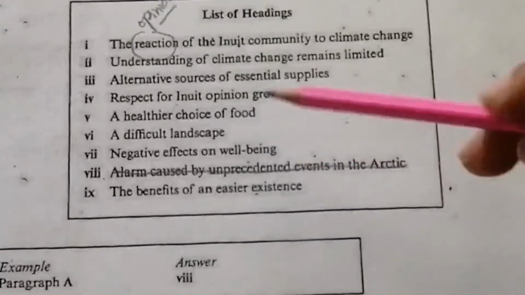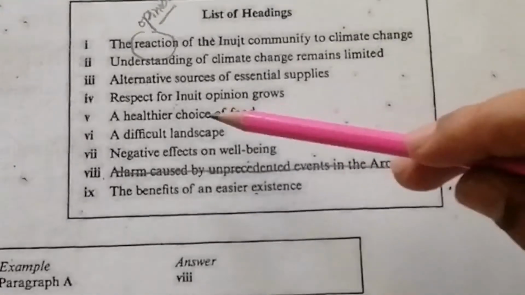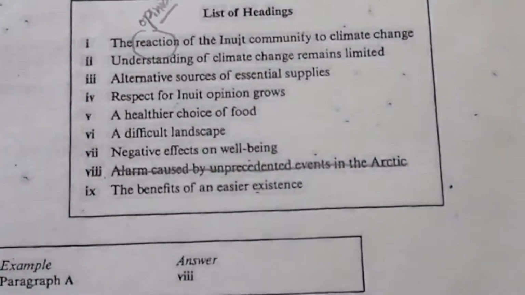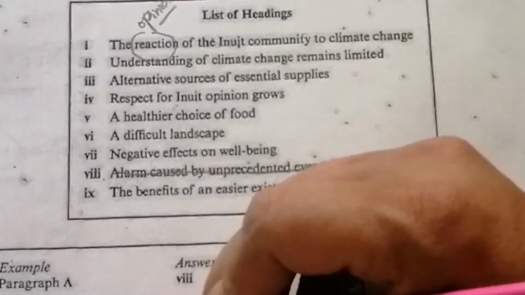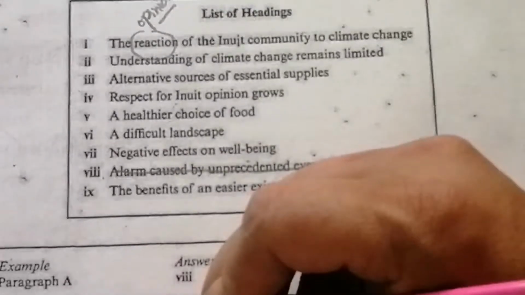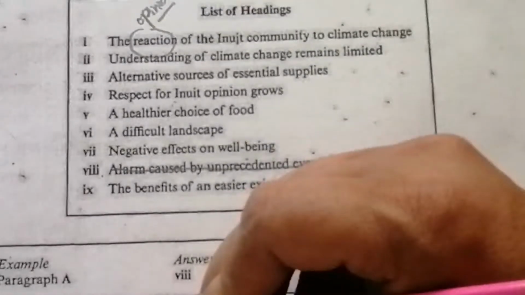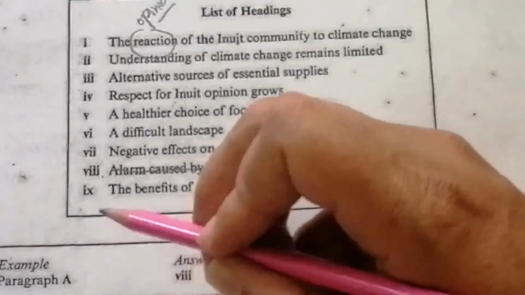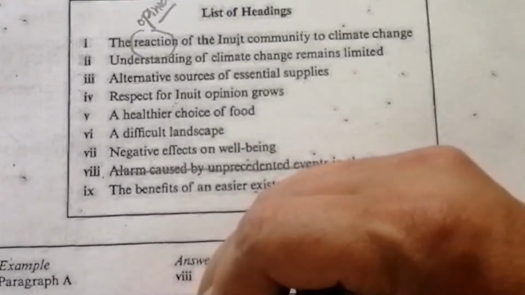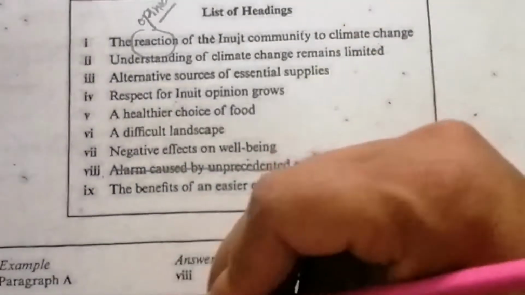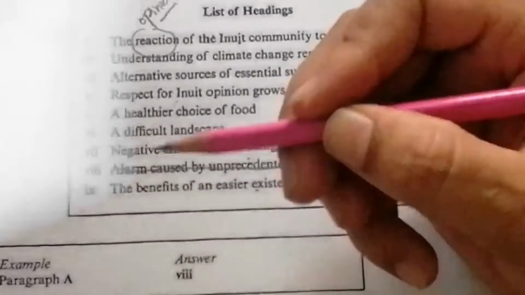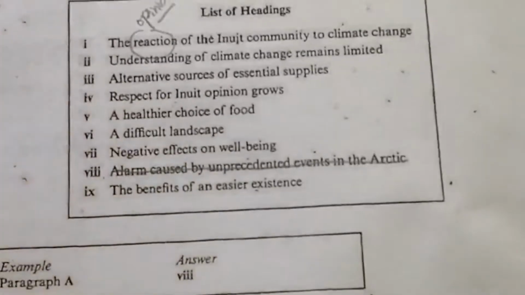So we have found the heading number 6 for paragraph C, because paragraph C tells us about the area of the Arctic region. So we can write heading number 6, a difficult landscape, for paragraph C.